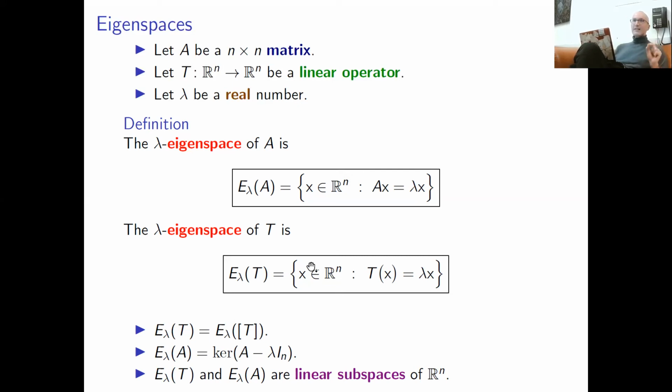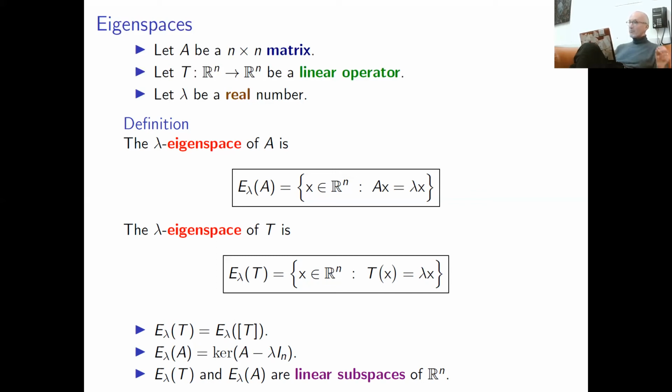This immediately implies that these two subsets are vector subspaces, because we know that the kernel of any matrix is a vector subspace. Okay, so they're linear subspaces. But again, an important remark here is that it may happen that this kernel is 0. And actually, we already know when this kernel is 0: when we cannot find a non-zero vector x.